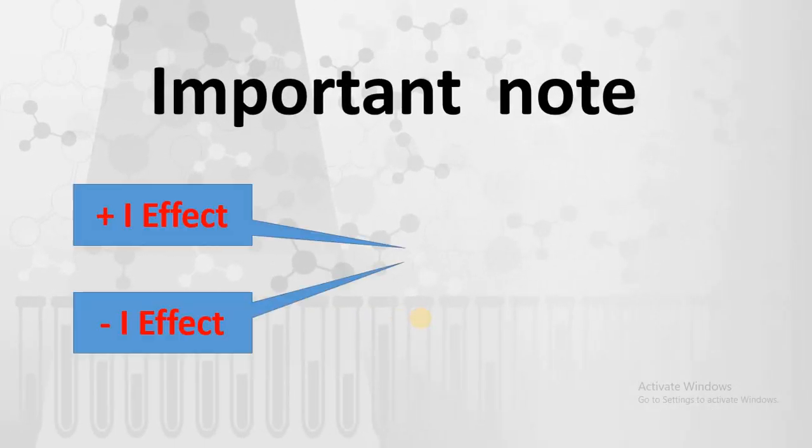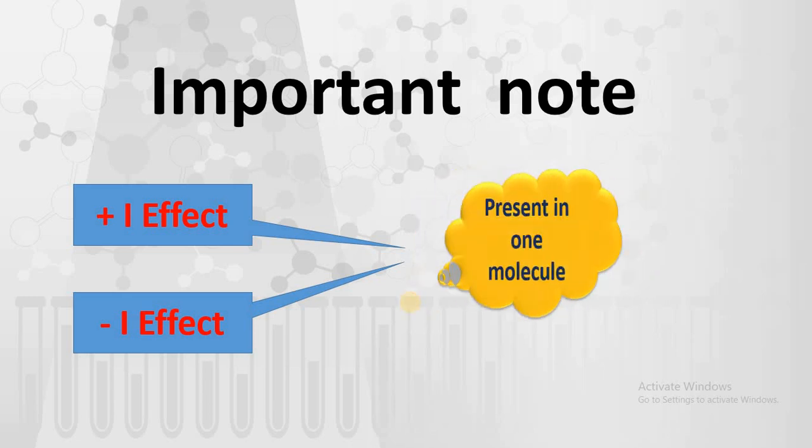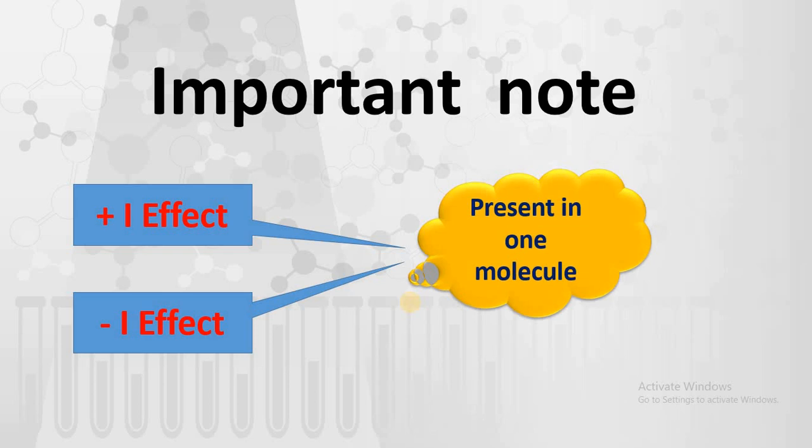This is an important note for you: plus I effect and minus I effect are observed in a single molecule. You can only highlight one molecule or one element which is showing that particular effect.